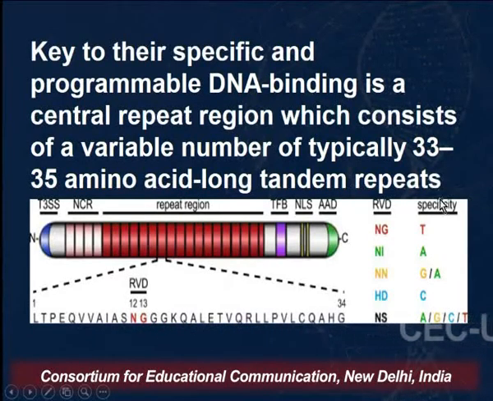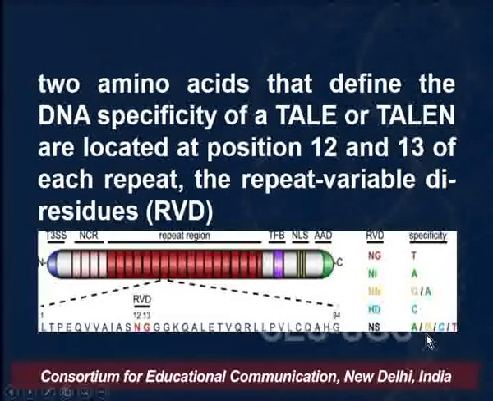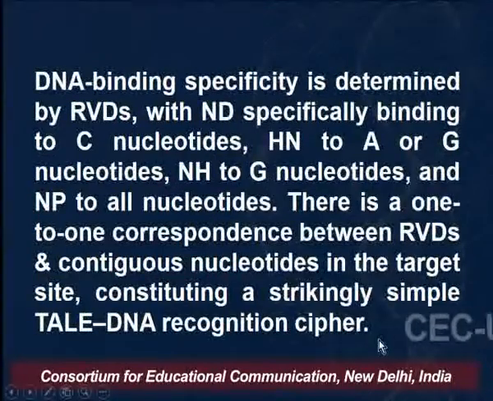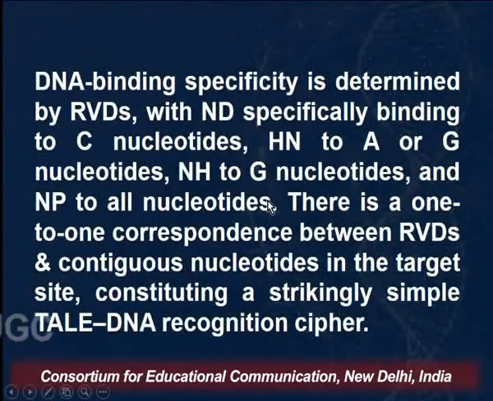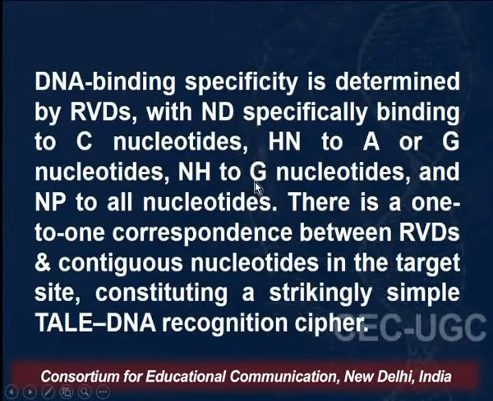So these are associated with the binding at the DNA, and then the nuclease can create a double-stranded break. These are the different diamino acids which specifically bind to certain nucleotides on the DNA.